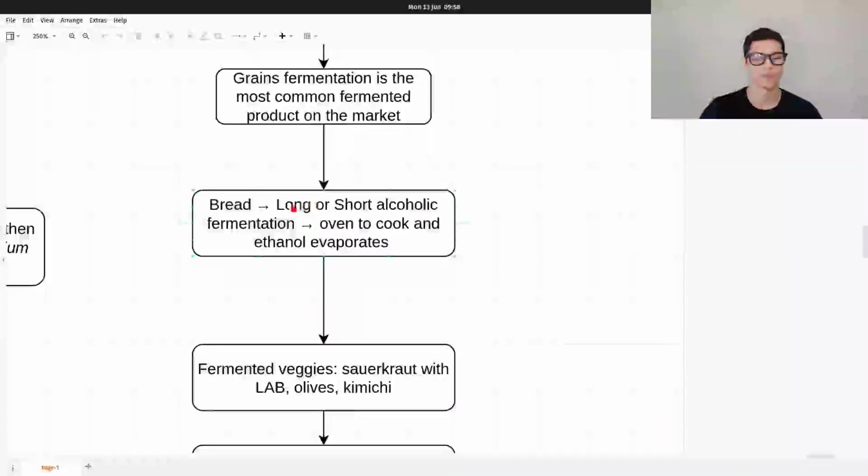That's because it can have either the long or the short. It's cooked in the oven, so that's why we don't have the ethanol. But this is an alcoholic fermentation, so ethanol is created indeed. And if we eat the bread uncooked, which is not likely to be done, we will have alcohol in the bread.